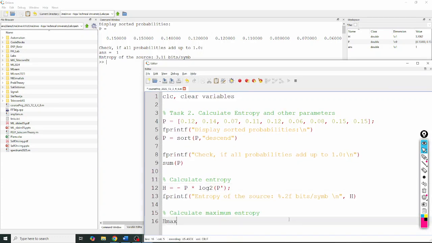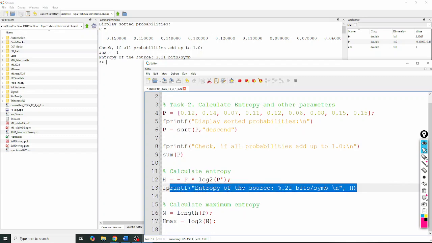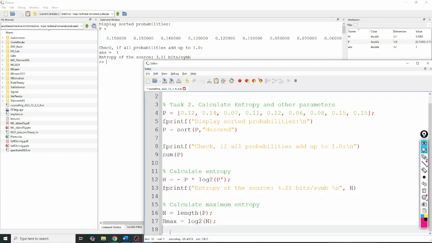So let's calculate H max, which is log 2 of n, which we don't happen to know. So let's actually find it out. n is the length of p probabilities. I'm going to copy this fprintf. Maximum entropy of the source.